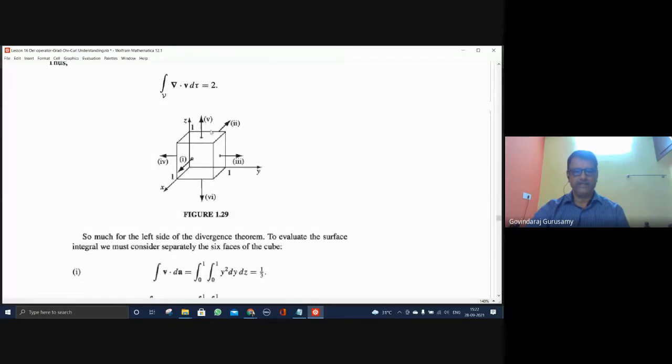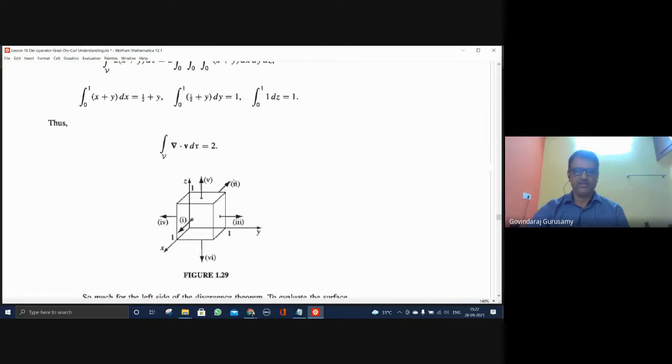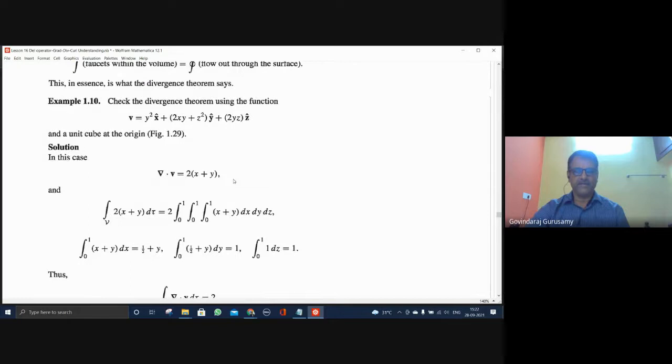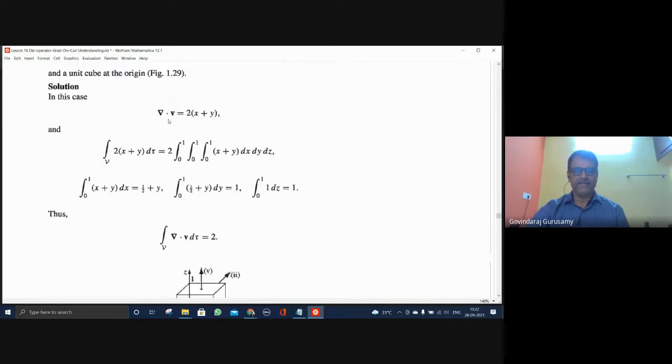That is the volume occupied by this. It is a sort of cube with 1 unit of side. So we are going to find the integral of x plus y d tau over this range, 0 to 1, 0 to 1, 0 to 1, dx, dy, dz. Find each one from 0 to 1.